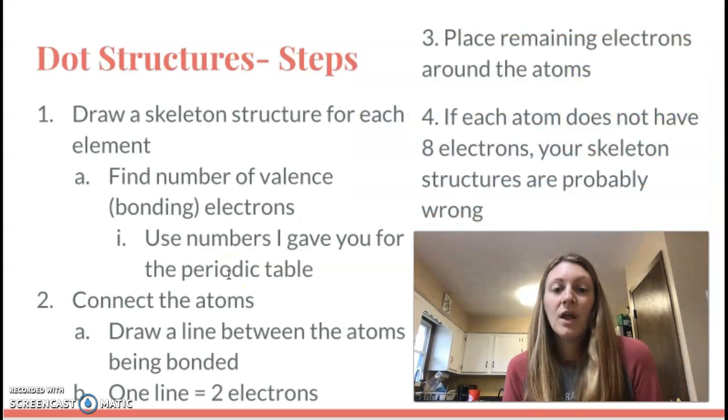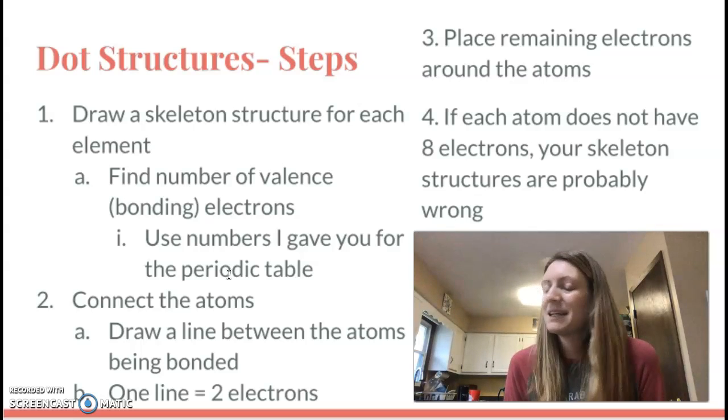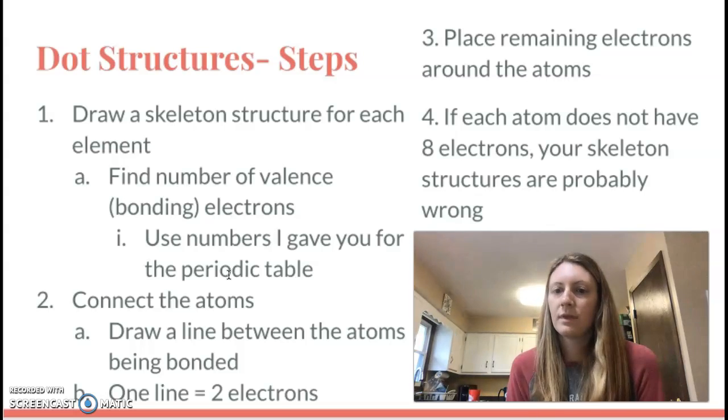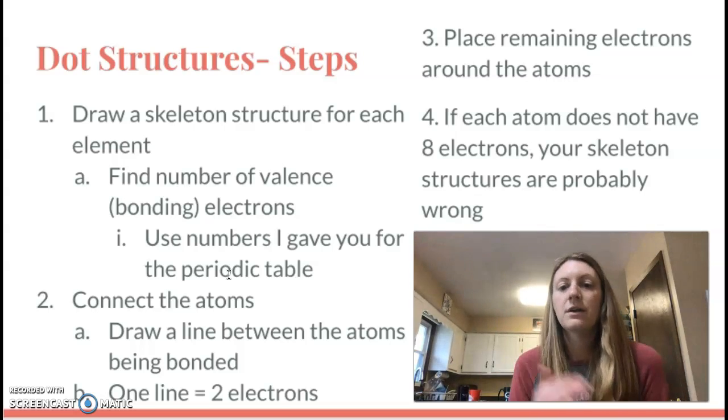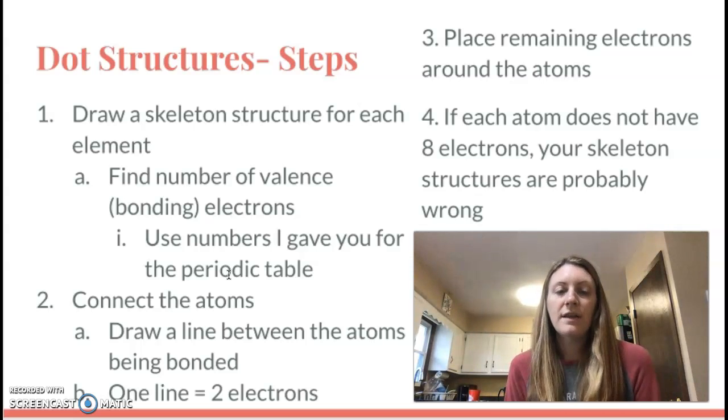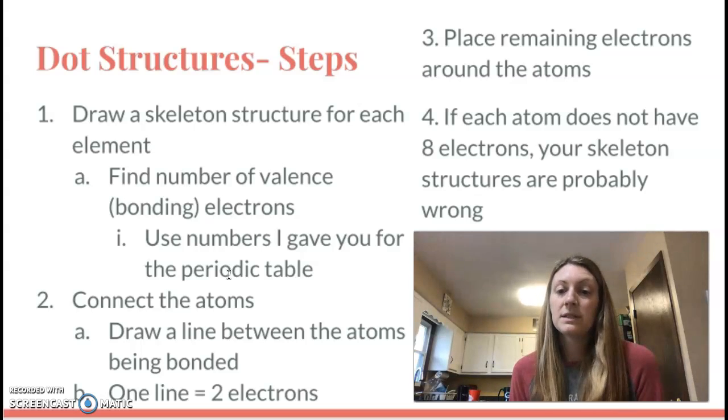These are all of the steps for drawing Lewis dot structures. First you want to draw the skeleton structure, or what it just looks like with its valence electrons, like 1 dot or 2 dots, maybe 7 if we're talking about chlorine. To do that, you find the valence or bonding electrons, using the numbers on your periodic table or the ones we learned about in our last lecture. Then you need to connect the atoms together.